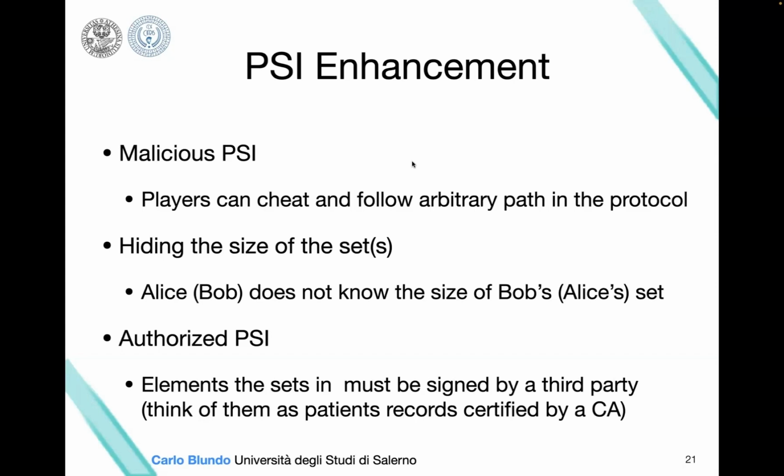They can change the message, change it in the protocol itself, or we can have a protocol where the sites of Alice or Bob are kept hidden, or authorized PSI. For instance, Alice or Bob can add items to their set only if they are authorized. For instance, they could be signed by a third party.